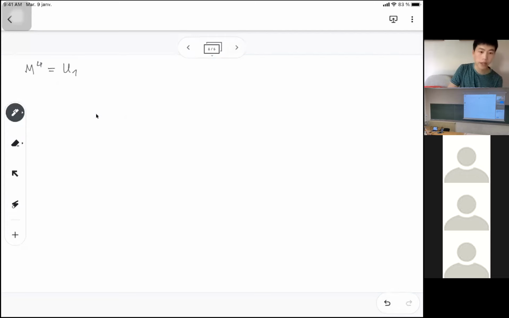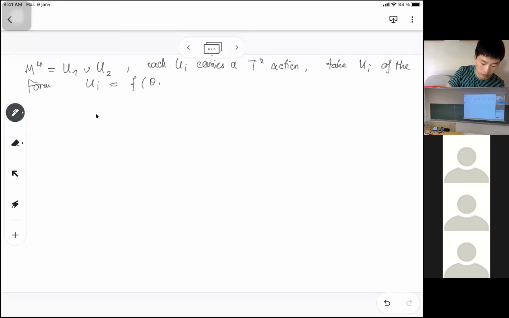So you can write down M as the union of two open sets, and each UI carries a T2 action, where UI is of the form theta E theta, and theta is in an open set of S1, 1/2 of S1.